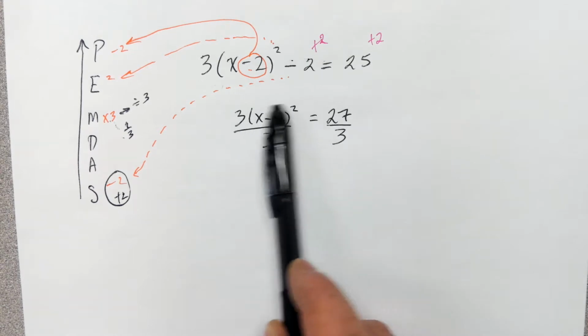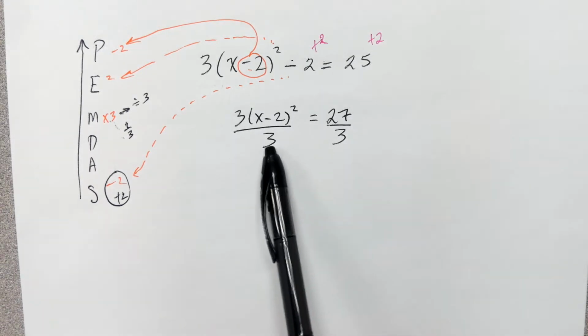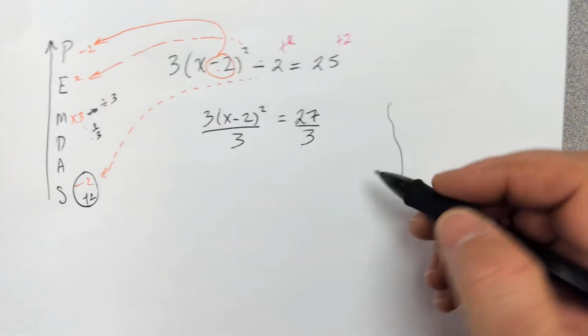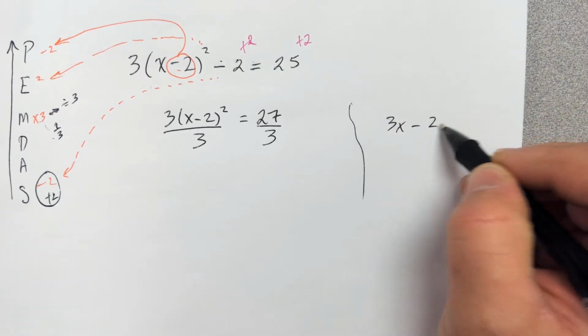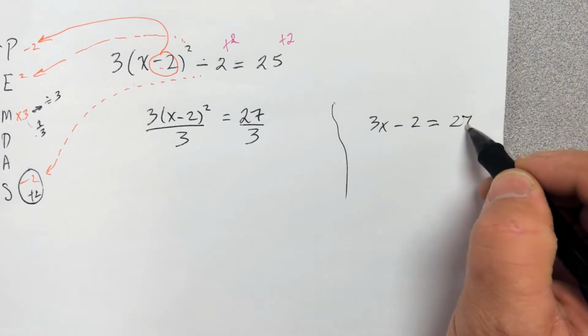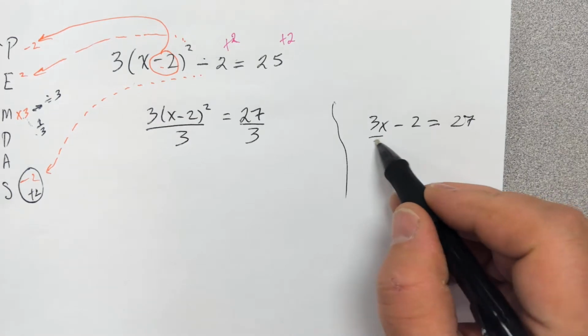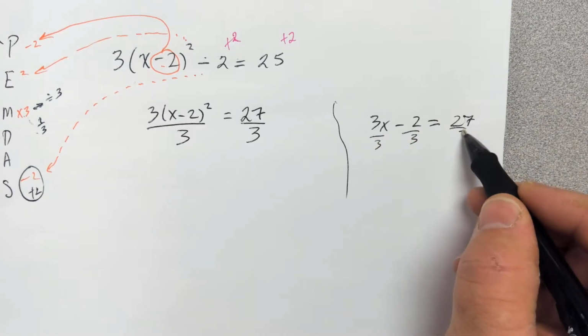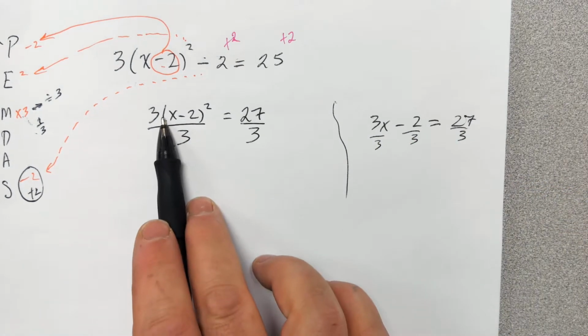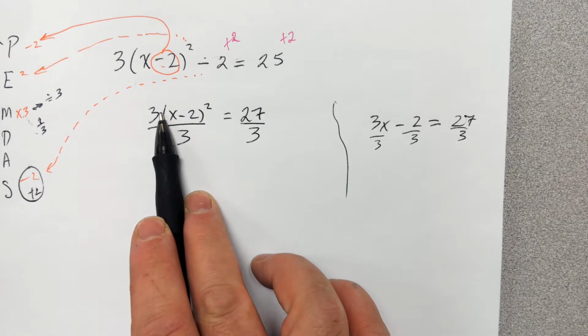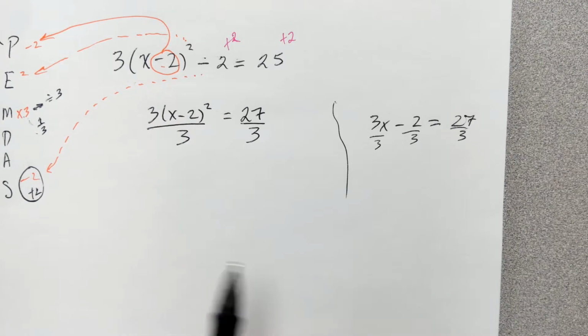It's all together as one thing. And so we can divide like that. But if it was something different, like this equals 27, and we were going to divide by 3, we'd actually have to do every term. But because this is multiplication right there, this works fine.